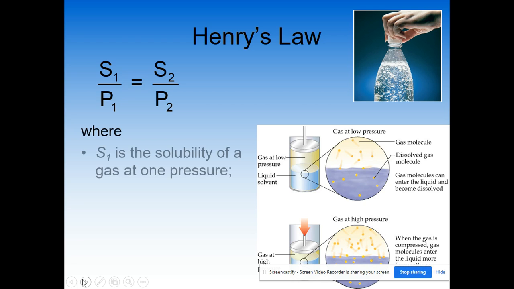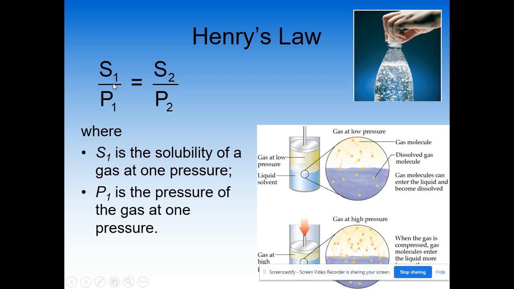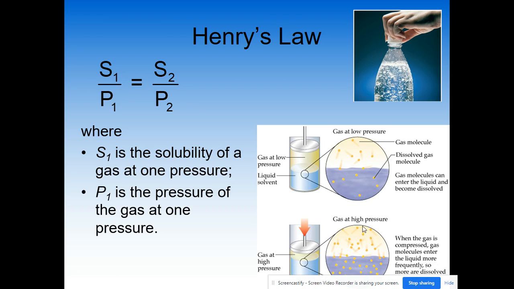Okay, so Henry's law describes this relationship between the solubility of a gas and the pressure. S1 is the solubility of a gas at one pressure, and S2 is the solubility at a different pressure. Looking at the picture here, with a gas at low pressure, you have very few gas molecules in the atmosphere above that solution.